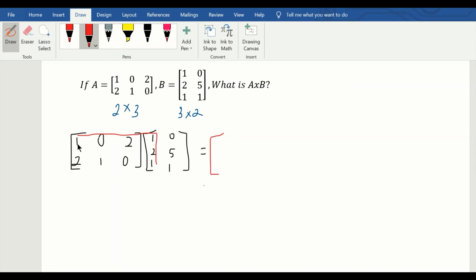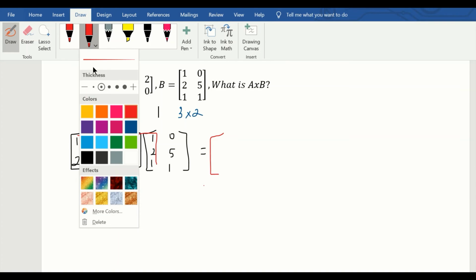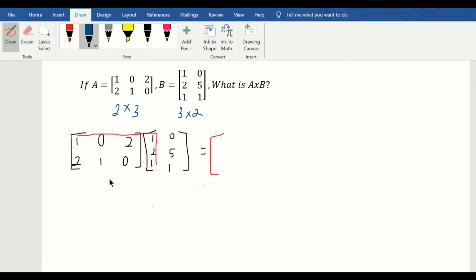So it's 1 times 1 plus 0 times 2 plus 2 times 1. All right, that's for the first element.